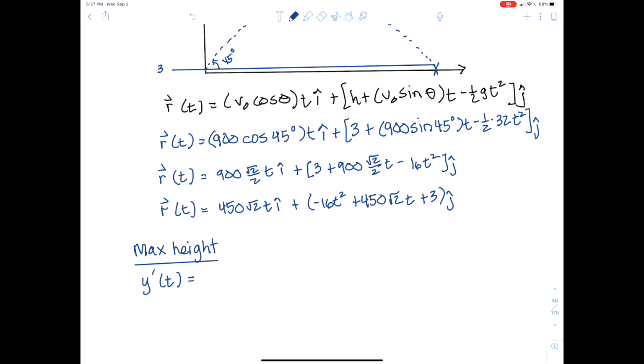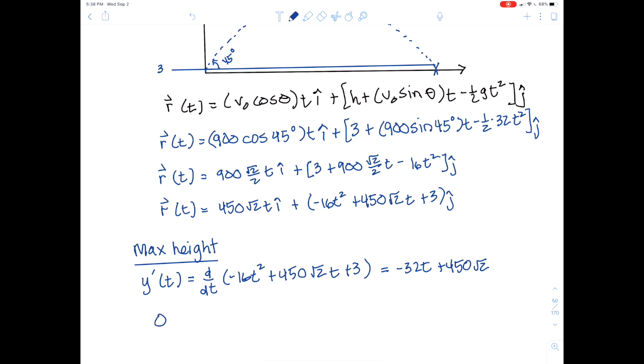Remember, the y prime is the coefficient to our j, right? So it's going to be d dt of negative 16t squared plus 450 root 2t plus 3. And that, of course, will be negative 32t plus 450 root 2. Cool so far?